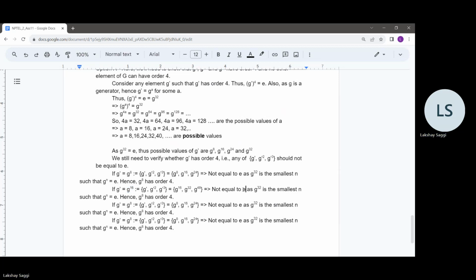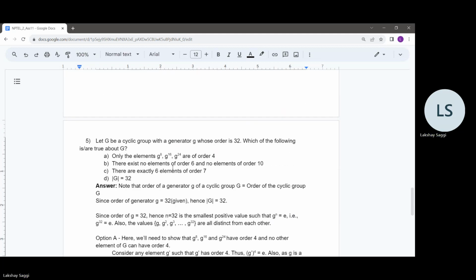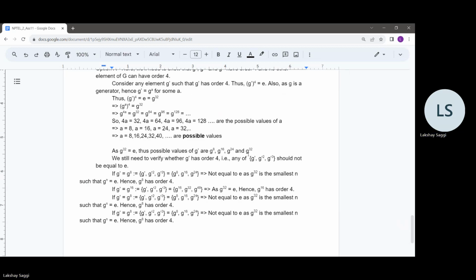As g raised to the power 32 is equal to e, hence g to the power 16 actually has an order of 2, because g to the power 16 raised to the power 2 is 1. So g to the power 8 has order 4, g to the power 16 has order 2.